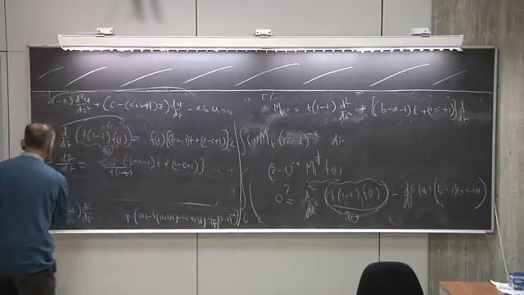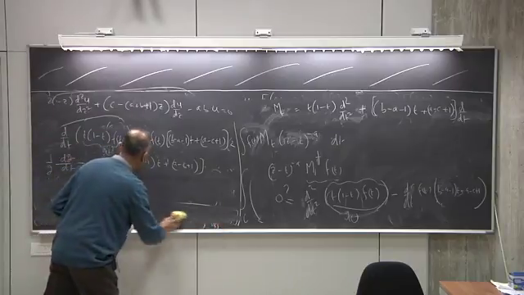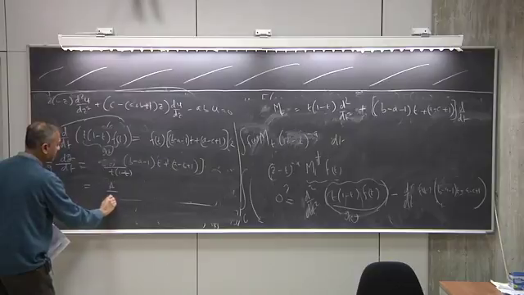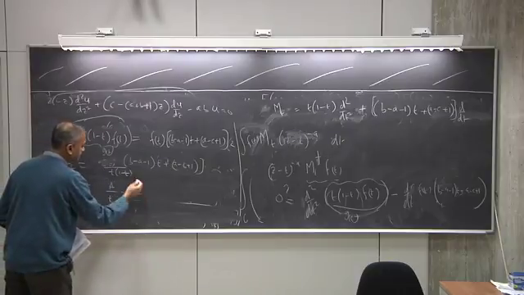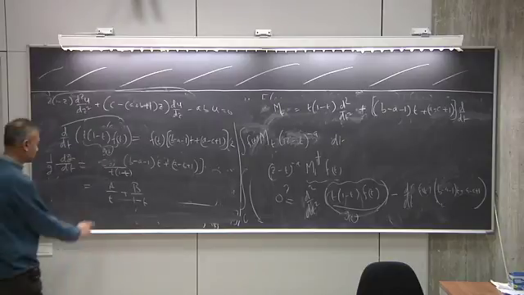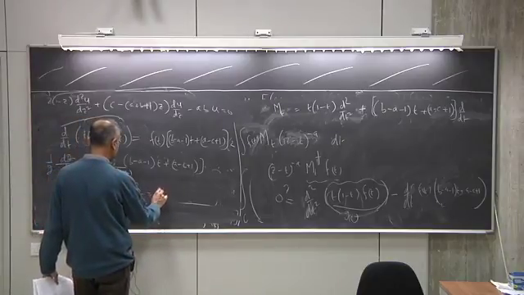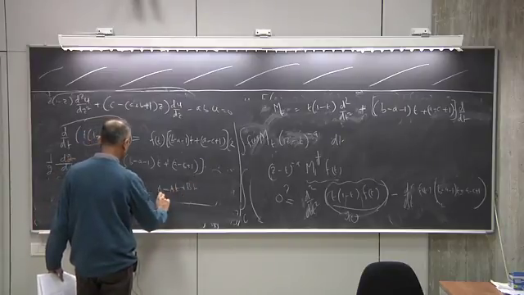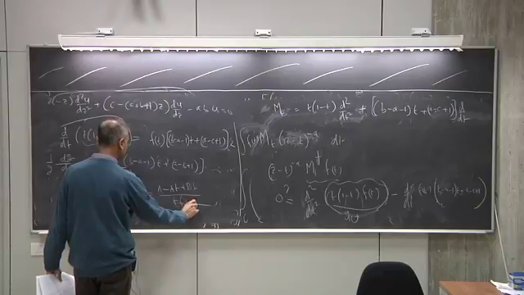In fact, the idea is to do a partial fraction. You can write it as A divided by t plus B divided by 1 minus t. So you get A times 1 minus t plus B t divided by t times 1 minus t.